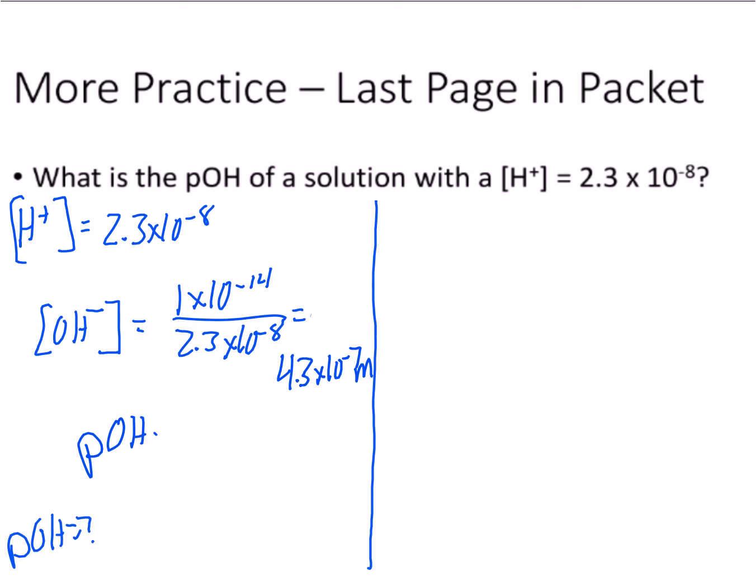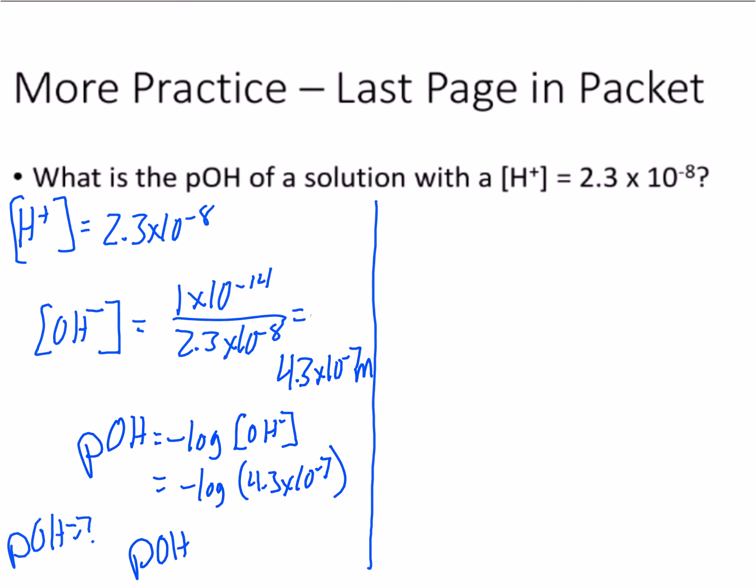So pOH equals the negative log of the hydroxide ion. So that's going to equal negative log of 4.3 times 10 to the minus 7. When you do that, what do you get for your pOH? Somebody else who did this problem did it this way. What did you get, Lauren? 6.4 is your pOH. All right, that's one way.